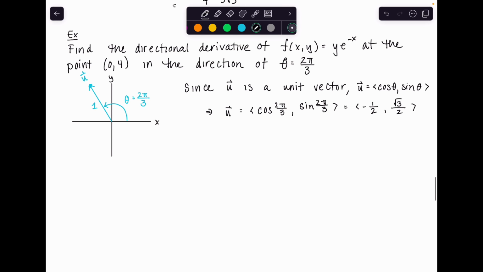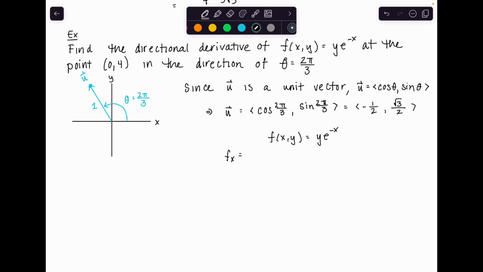Then what I need to figure out is the partial of each component evaluated at that point to get me my gradient vector. So if I look at f of x, y, it's y e to the negative x. So the partial with respect to x would be, the y stays put.